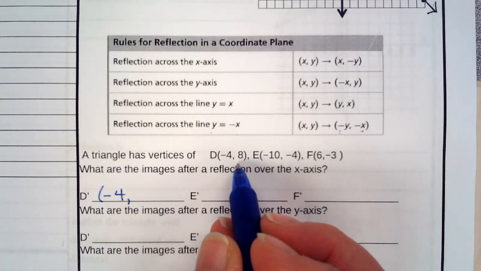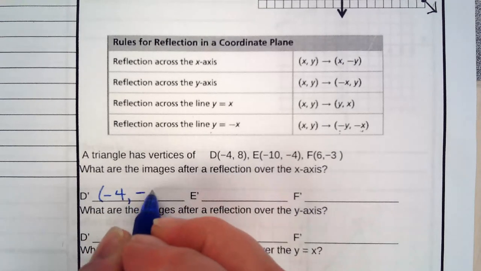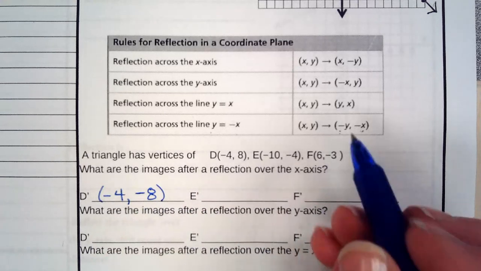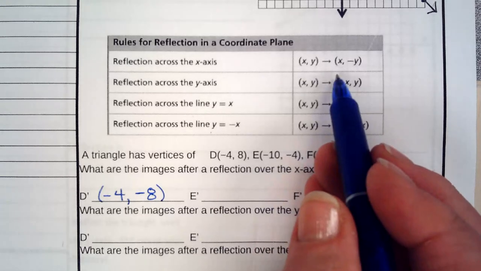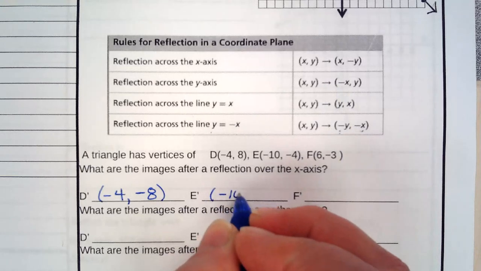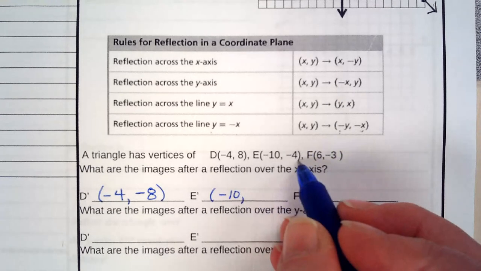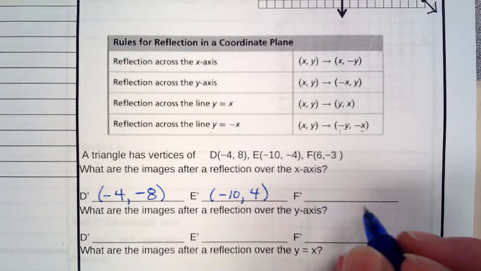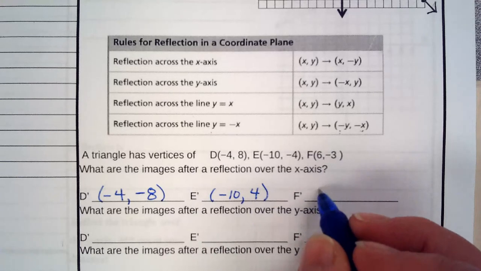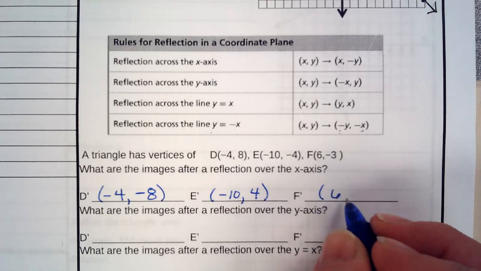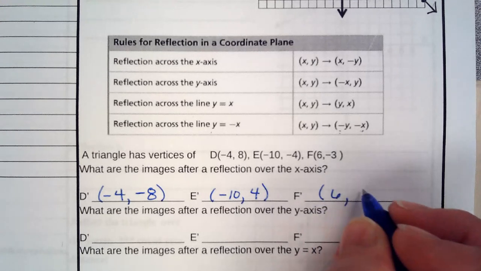The 8 becomes its opposite, negative 8. Okay, what about E? The x does not change. Negative 10 is still there. But now the y becomes its opposite. Negative 4 becomes positive 4. For F prime, the 6 doesn't change, but the negative 3 becomes its opposite, 3.